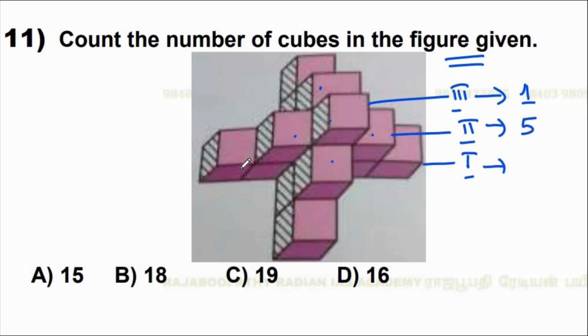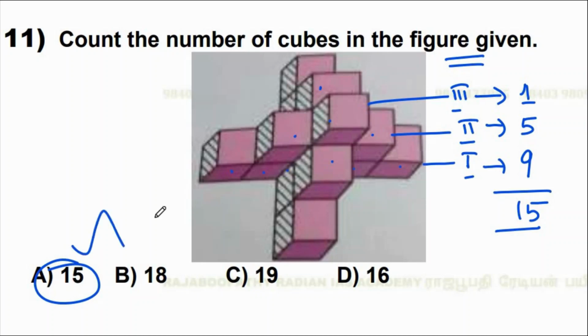In the first floor, how many cubes? 1, 2, 3, 4, 5. This way also 5. 1 is common. So 5 plus 5, 10. So therefore, this is 9. So the answer is what? 15. 15 is the answer. Fine. So the total number of cubes in this setup is 15.